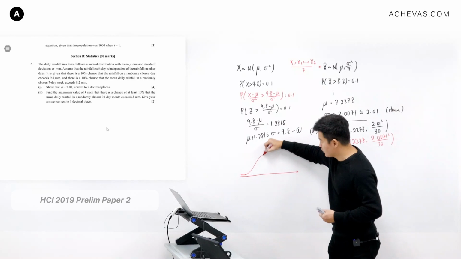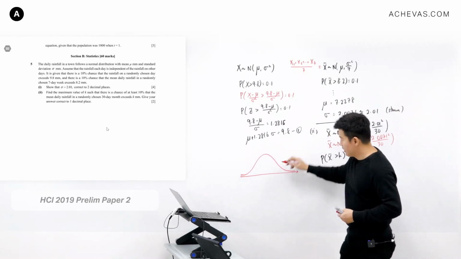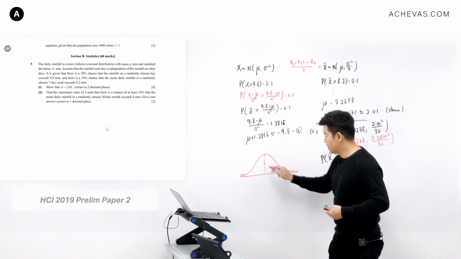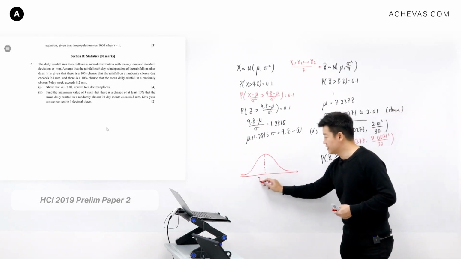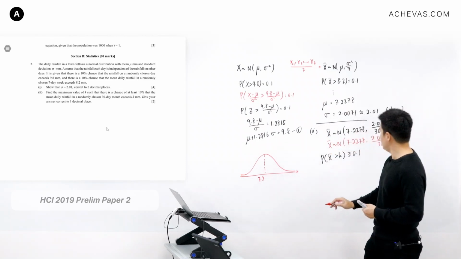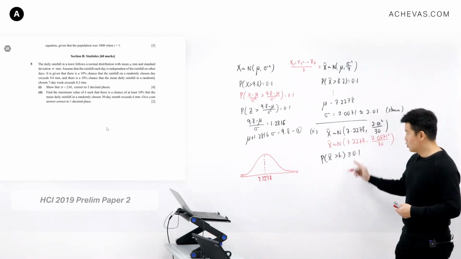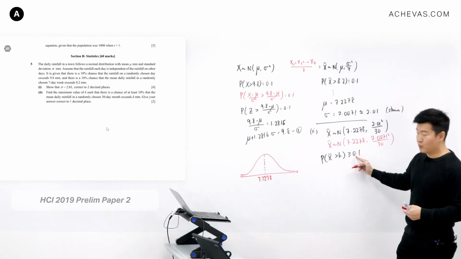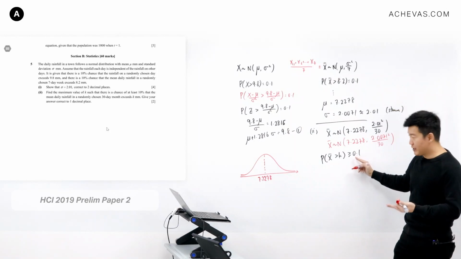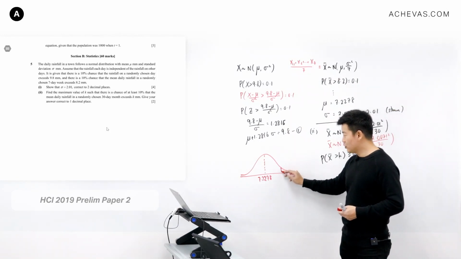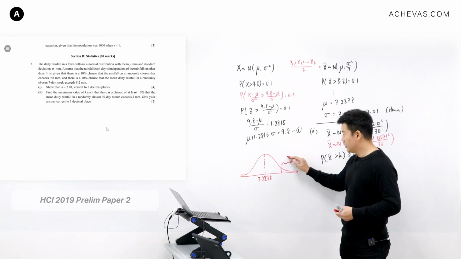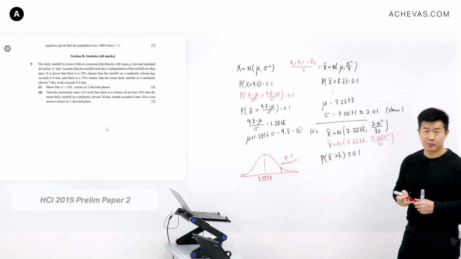My graph is going to be something like this. My graph will have a center here. The center here is 7.2278. So this is bigger than or equal to 0.1, which I cannot press into my calculator, but I'm still going to mark out a region that has an area of 0.1.